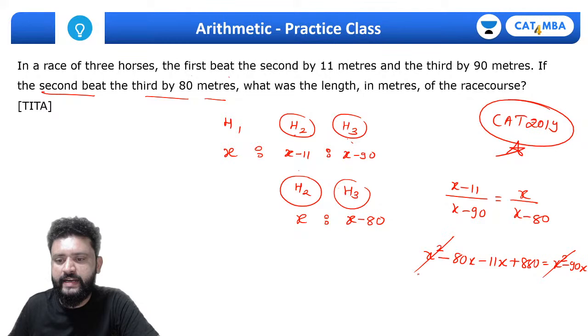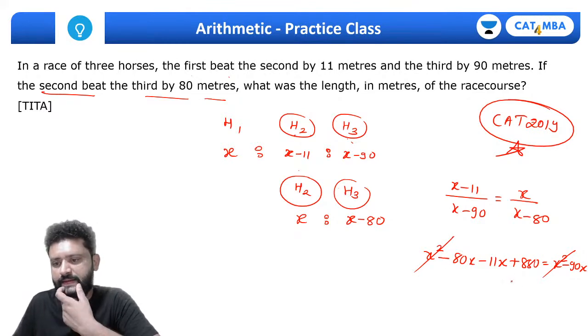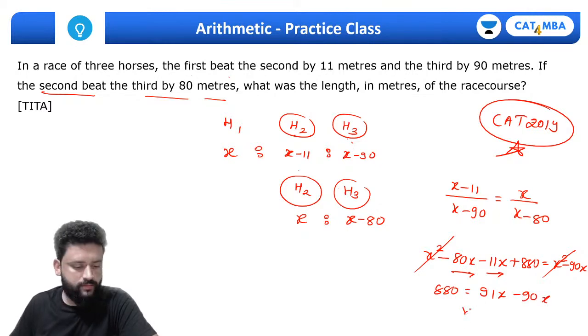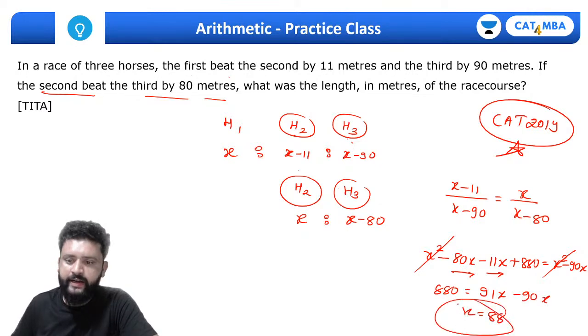X square anyways gets cancelled. 91x minus 90x, 880 will be equal to 91x, it will go here. X will be 880.